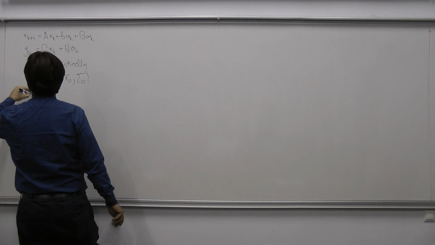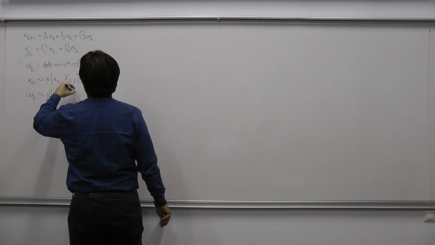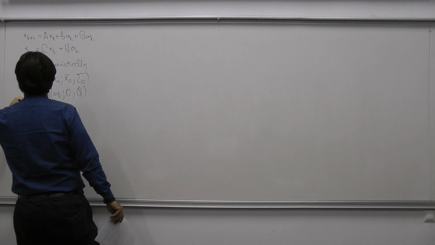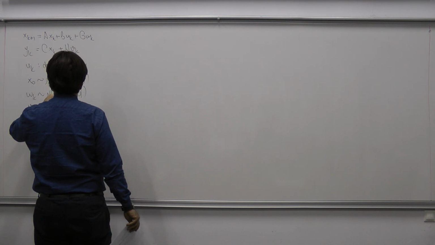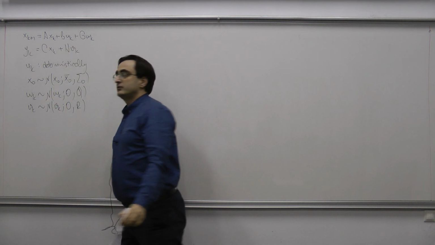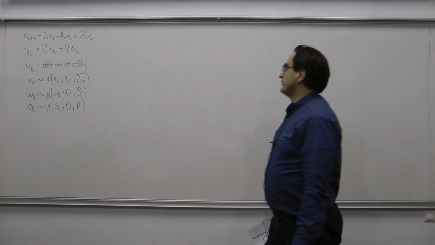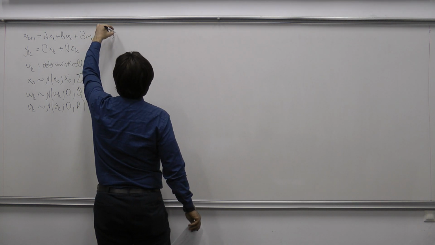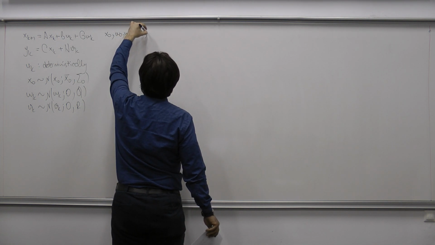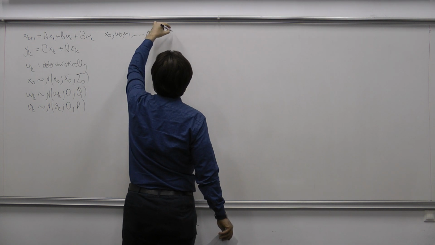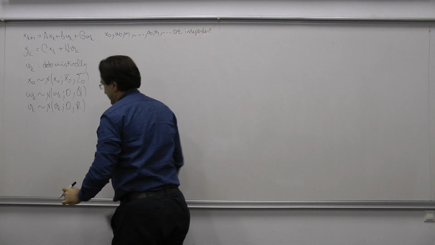And I have w_k normal with 0 mean and Q covariance, and v_k is normal with 0 mean and covariance R. So we also assume that X0, W0, W1 going until infinity, and V0, V1 going until infinity are independent.